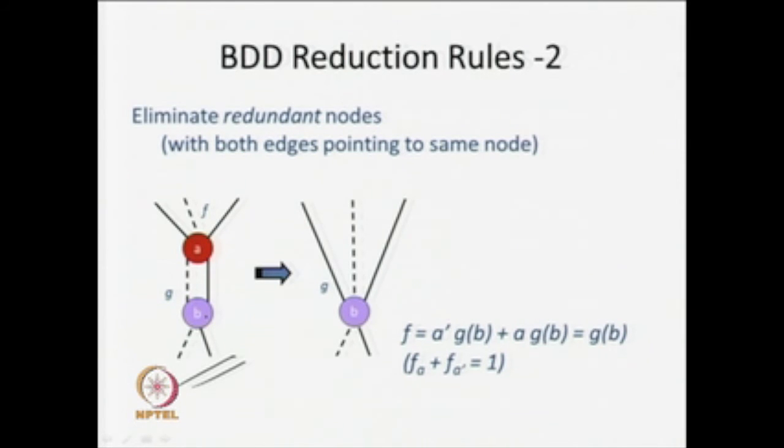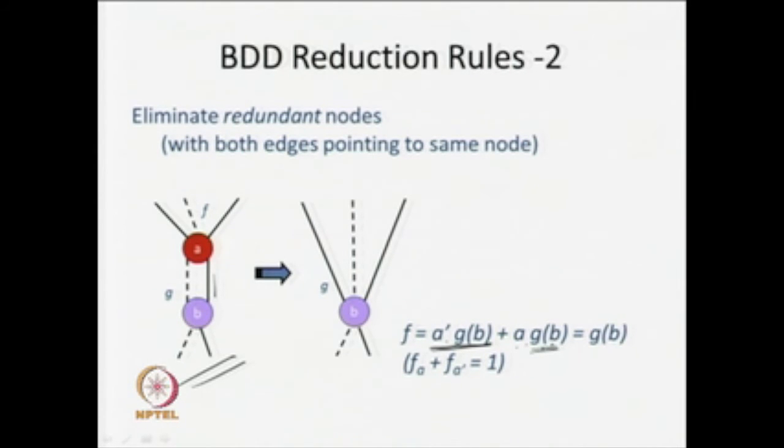Now you just see that when A is equal to 0, the functional value depends on B. So, when A equals 0, we get A dash into G B, the remaining portion. Similarly, when A equals 1, we get A dot G B, because we already know A equals 1, and this is the remaining portion we have to evaluate.